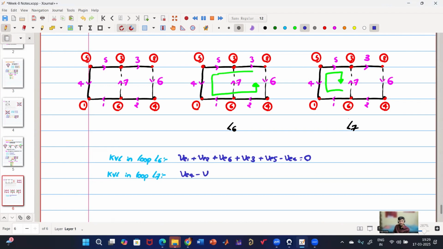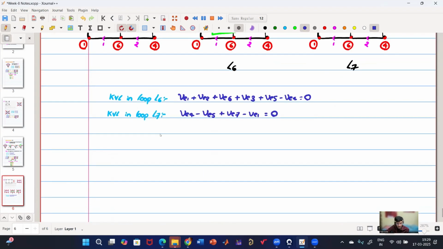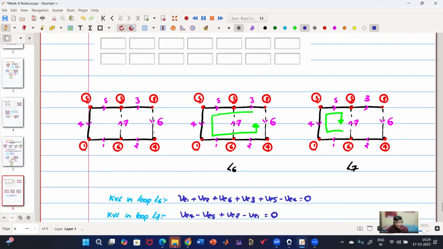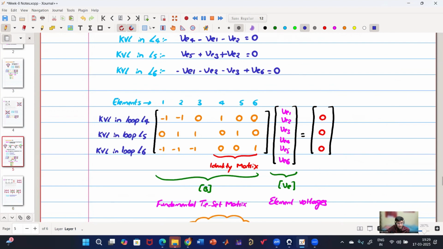So VE4 plus or minus VE5? Minus VE5, very good. And plus VE7, very good, minus VE1, equal to 0. Yeah, very good. So now let me take the matrix.